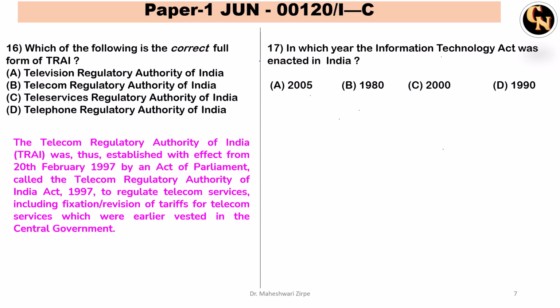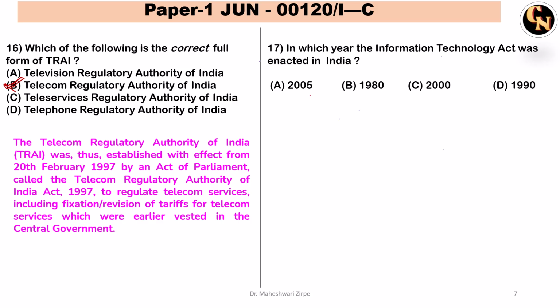So TRAI is nothing but Telecom Regulatory Authority of India. So option B is the correct option. Let us write option B is the correct option.